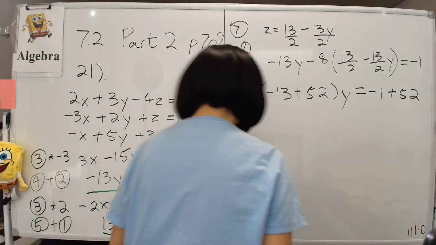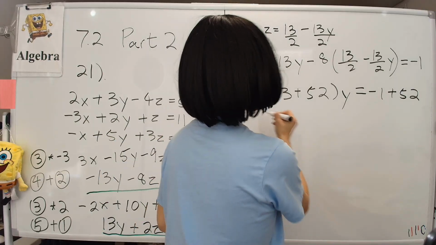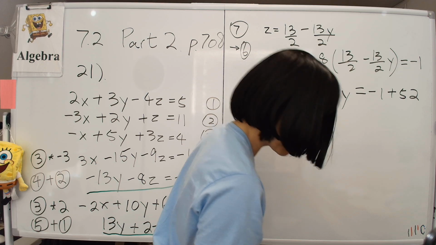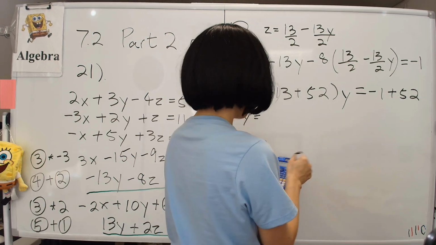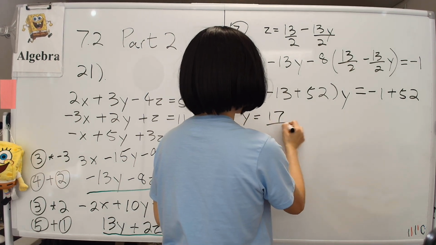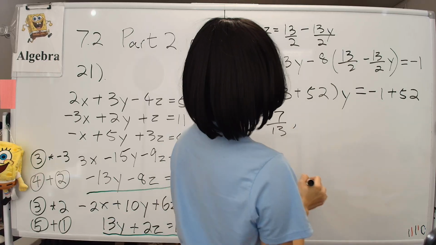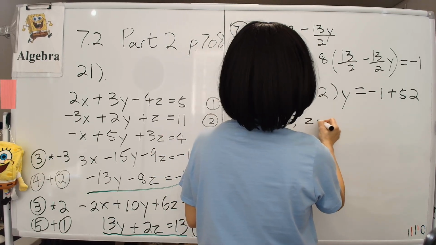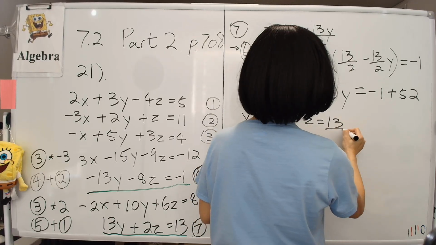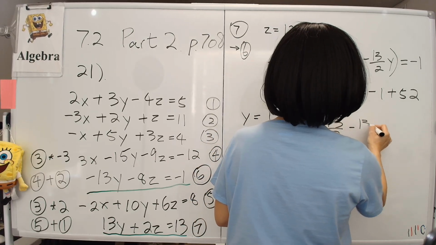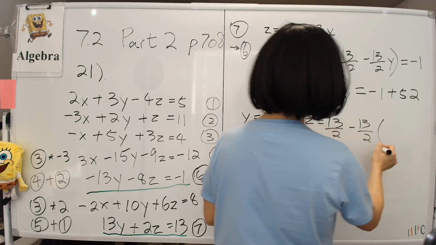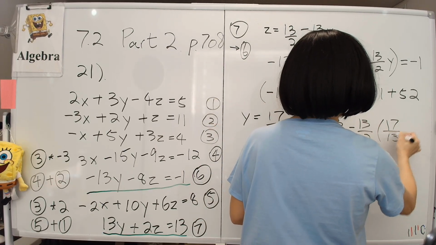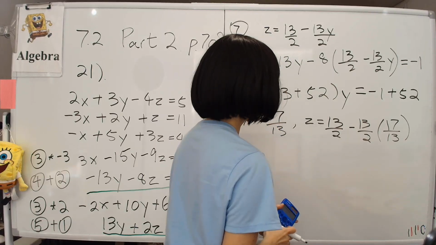All right, so y equals, let's see, where's my calculator? Okay, 17 over 13. So far so good. And then z equals this thing. So z equals 13 over 2 minus 13 over 2 times y, which is 17 over 13.